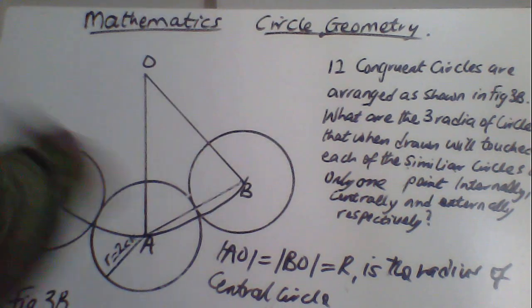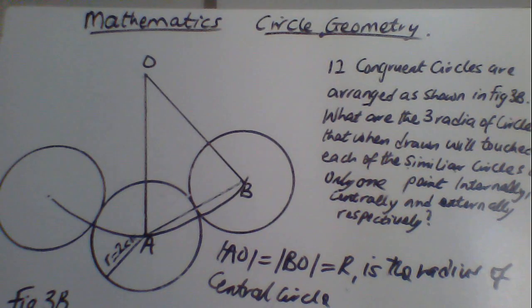So it forms a circle. In order to find the radius of the external circle or internal circle that is formed, we must first get the radius of the central circle that is formed.